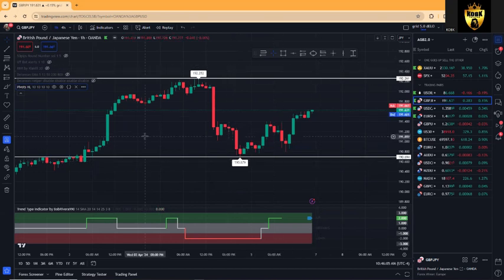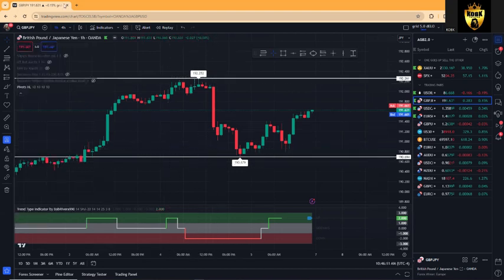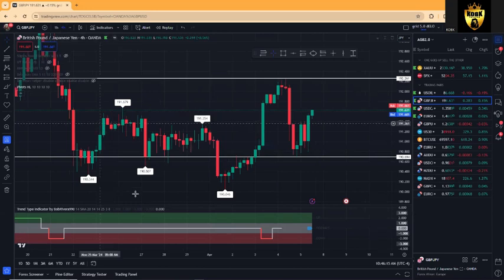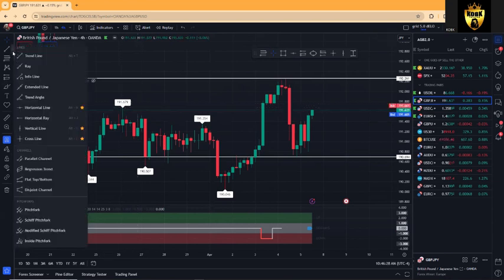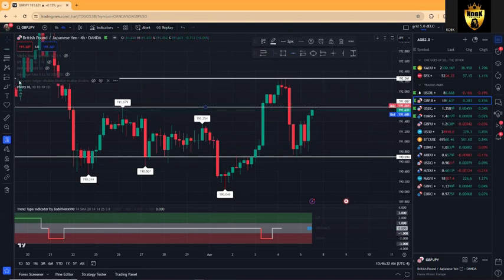Once you do that, you're going to want to go over here, get a trend line and mark it on your chart. So currently I'm on the 1 hour. I could go to the 4 hour, but it's really on the 1 hour. And if I did it for the 4 hour, it would give me different levels, right? I could mark up a level here, and that's fine and dandy as well, because when you do it this way, it lets you know the different zones, the different levels.